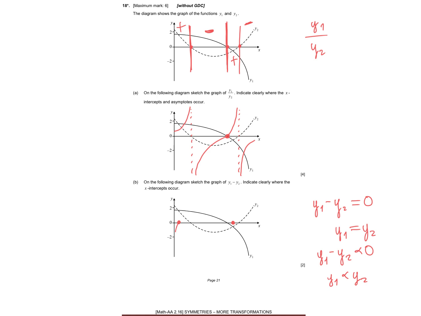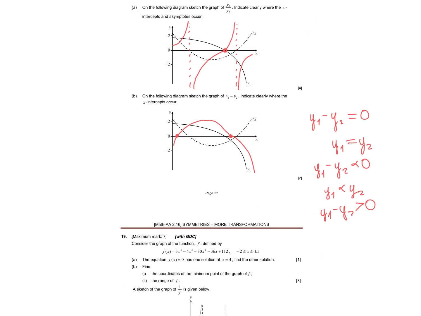The difference is smaller and it's just getting bigger and bigger and bigger. So you're just going to go like that because it's just going to get a larger and larger difference. And then when is y1 minus y2 above the x-axis? Well, that's when y1 is greater than y2, and that's happening there. So something like that. It may be a bit smoother, but all right.